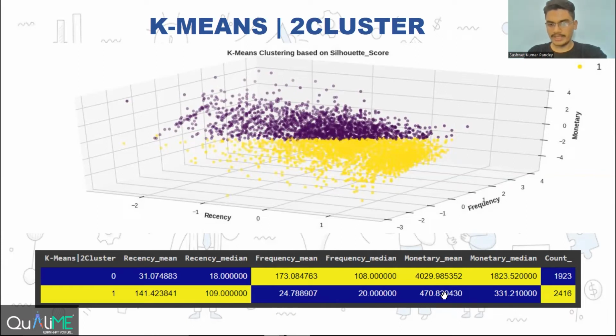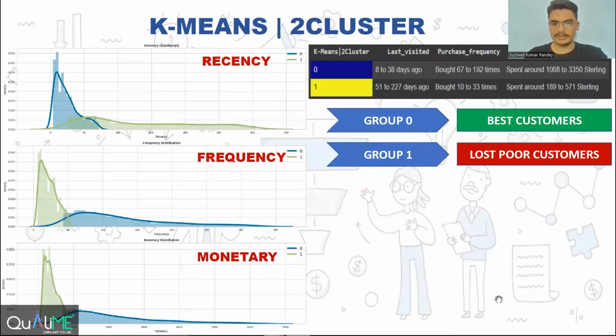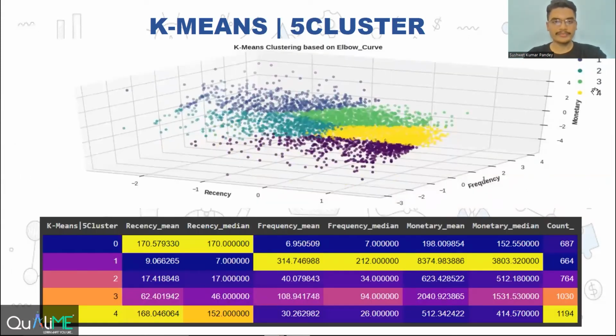Frequency is very, very low. Monetary, they spend a less amount of money. So let's see the comparison of all the groups. This is the description. Group 0 are the best customers. Group 1 are the lost poor customers. They are neither visiting recently nor spending a lot of money.